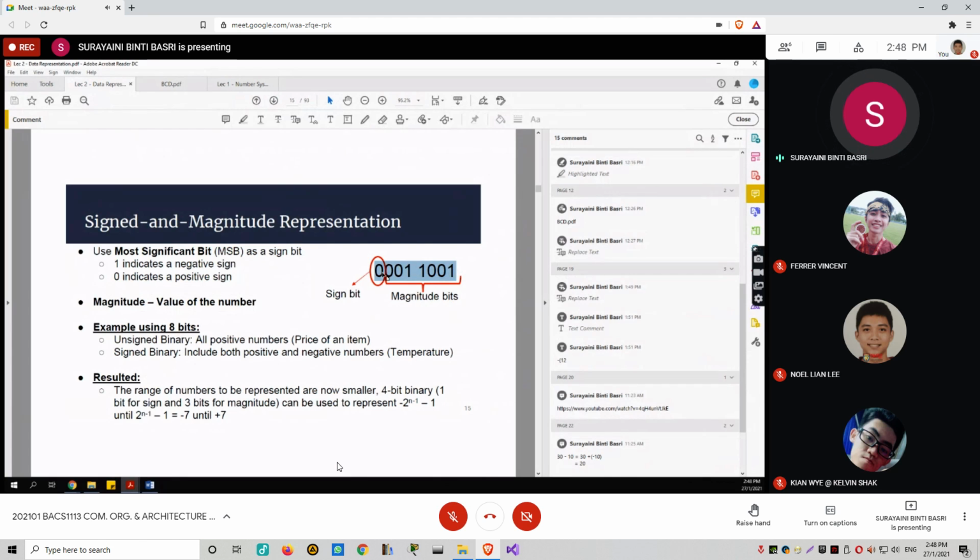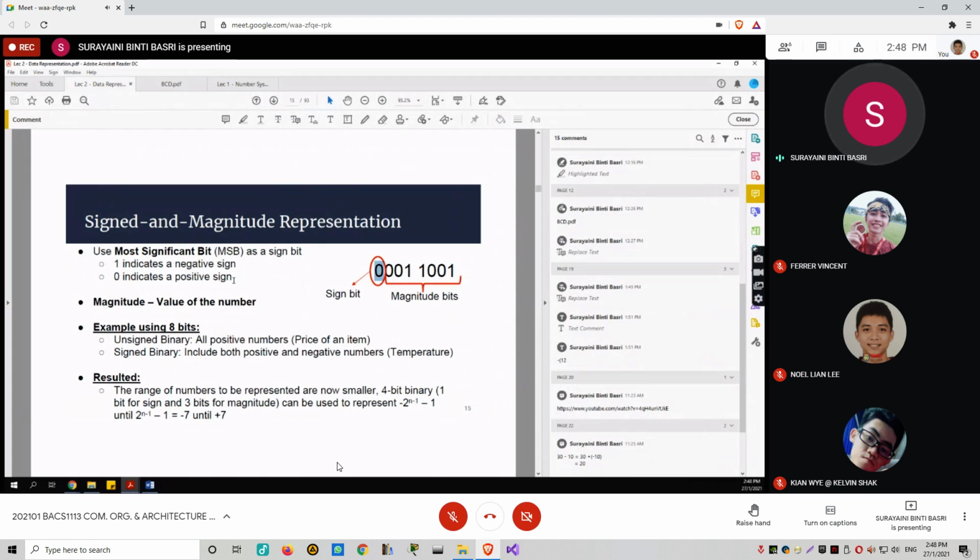So how do we make the computer understand that your number is a negative number? The first method is using the most significant bit, the leftmost bit, as the indicator to say whether the number is negative or positive.